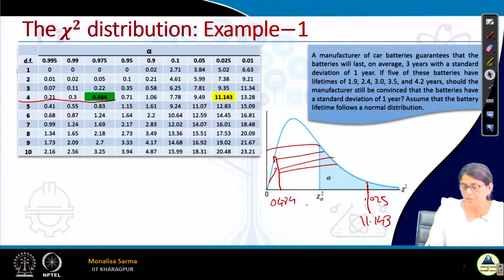So if my value lies between this and this, then it is acceptable.